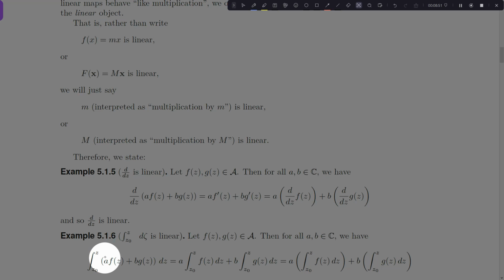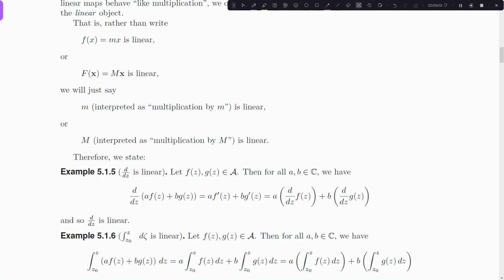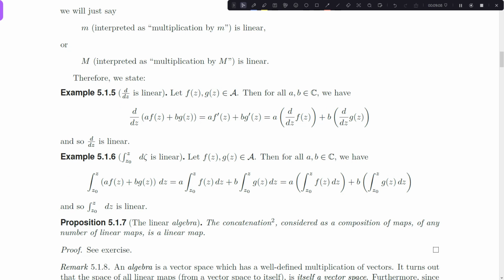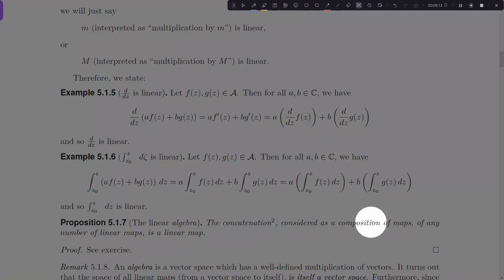That's a linear map because we can compute the antiderivative, and we know that the antiderivative computes on each f of z and g of z separately, and then we recombine them together. So those are linear maps. And in fact, the linear algebra is the concatenation, also considered as a composition of maps. If I take one map and compose it with another, any number of linear maps composed is a linear map.